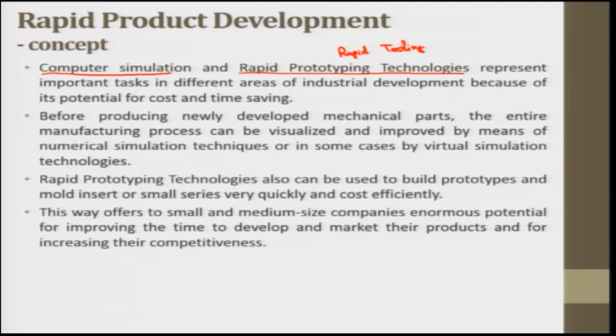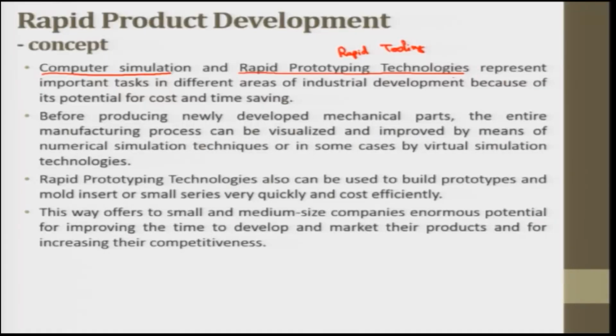Use of these technologies in combination with existing in-house facilities in designing, then testing, simulating, then rapid prototyping, then finally mass production. These technologies represent important tasks in different areas of industrial development because of their potential of cost saving and time saving.